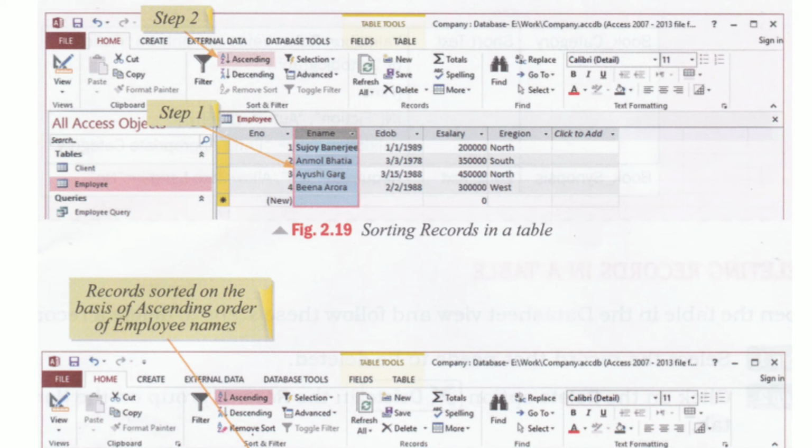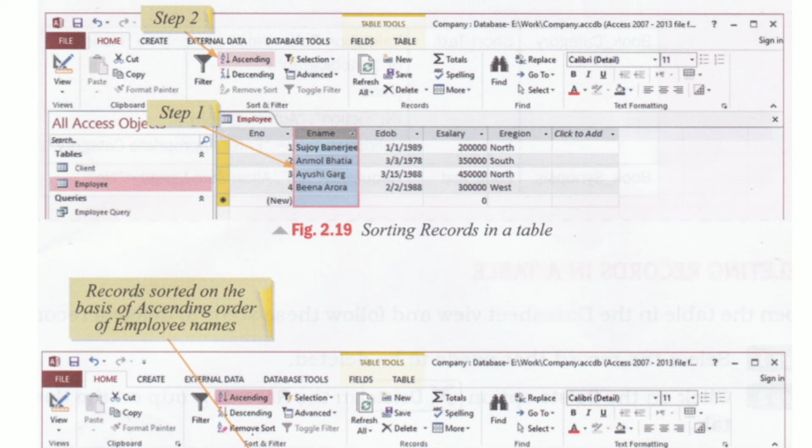But as we arrange the records in a field, all the related data with a particular data will also be shifted up or down, as that particular data will be shifted according to our choice in which we are arranging the data. You can see in the e-name column the data has been sorted in ascending order.